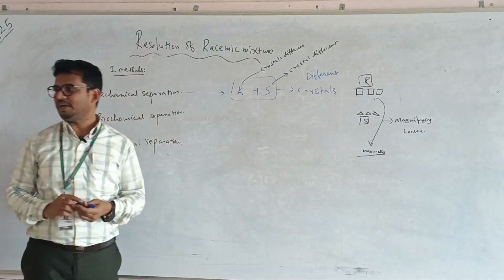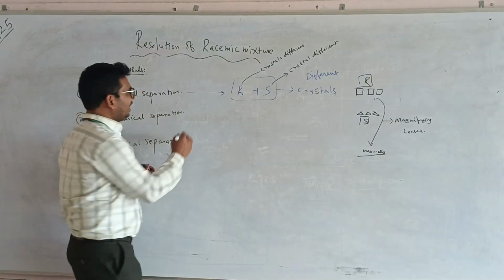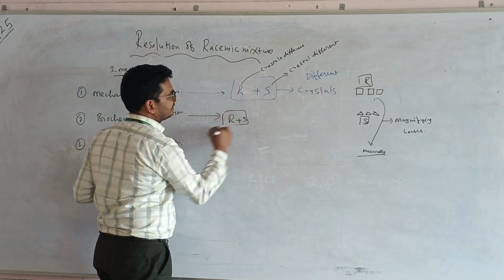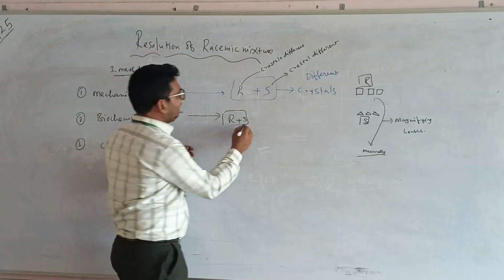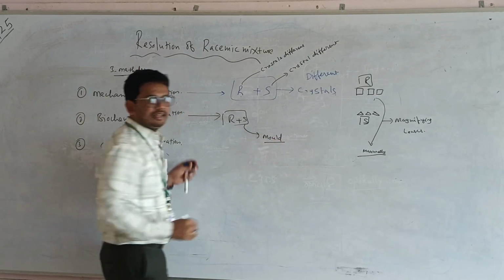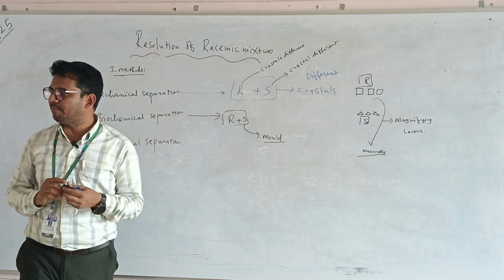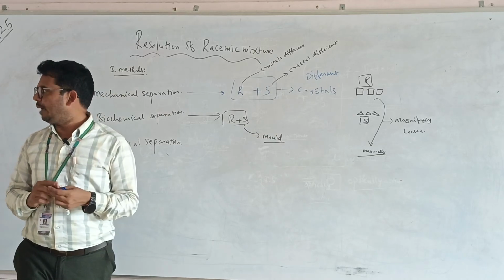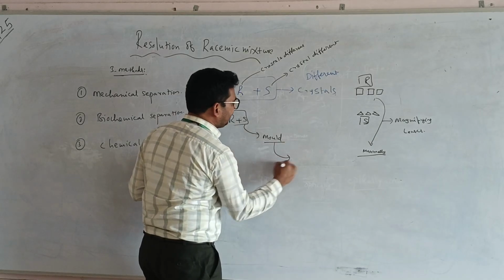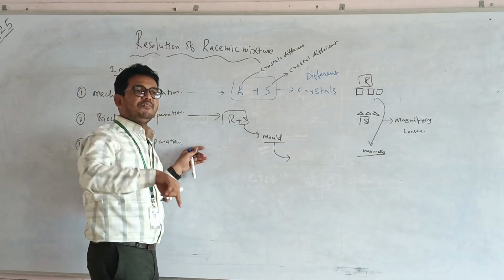Another one is biochemical separation. In the racemic mixture, both R and S are present. When we add a mold, which is nothing but bacteria, one type of bacteria decomposes one type of enantiomer.